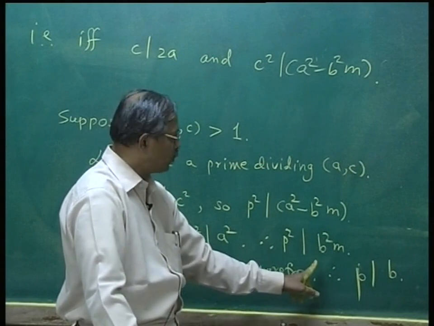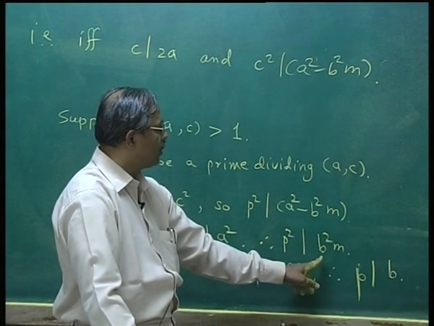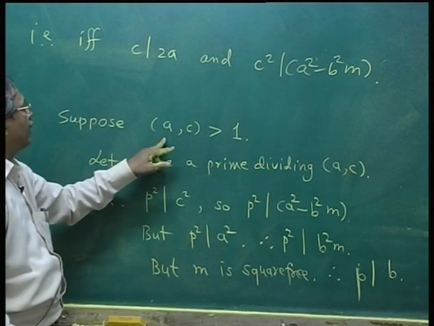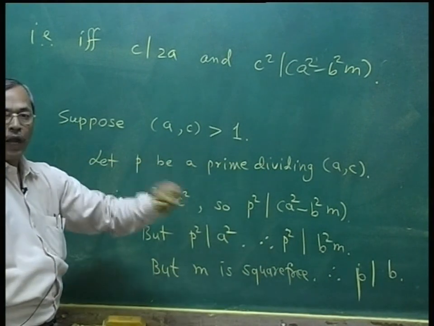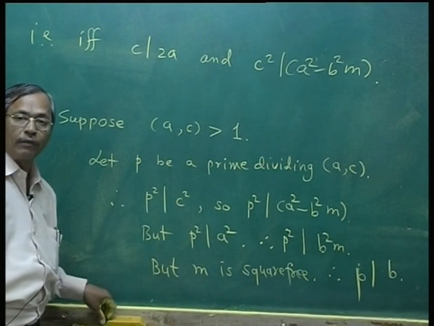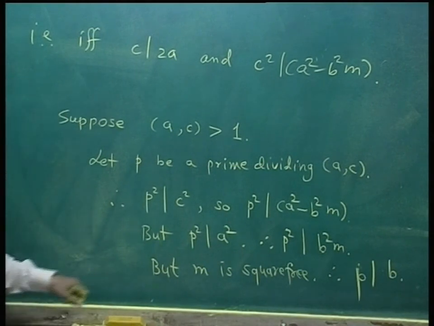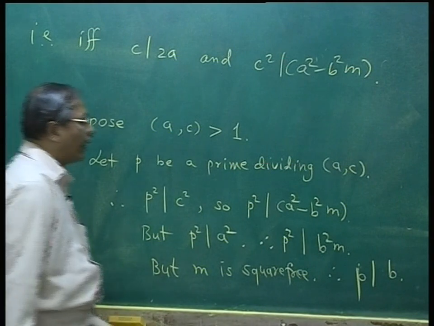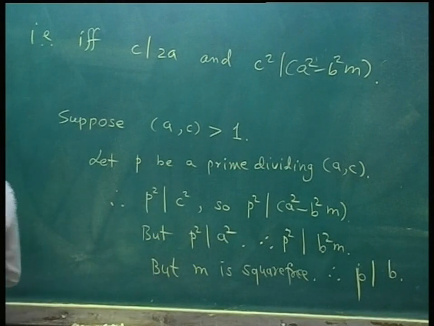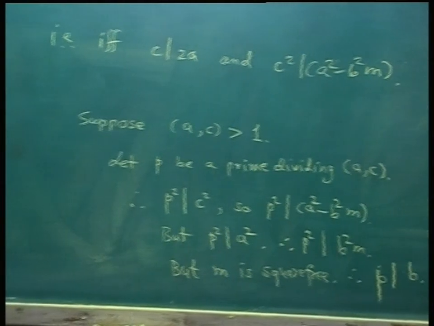So one p has to divide this b square term. So p divides b. But now p already divides a and c. And p divides b. That means we have got a common factor for a, b and c. And therefore gcd of a, b, c is not equal to 1.